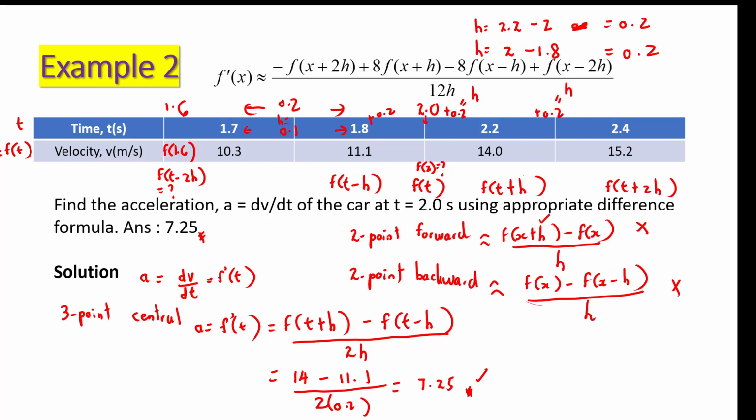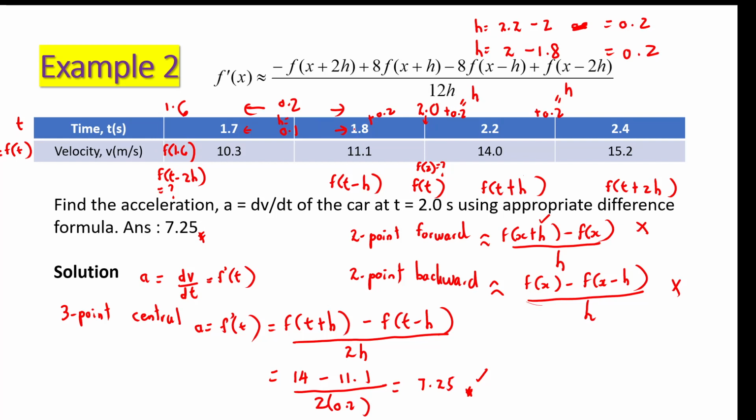And you cannot calculate using 2-point forward and backward, or 3-point forward and backward, because you don't have the data f(t) when t equals 2. So 2-point and 3-point forward and backward cannot be used. The 5-point cannot be used because you don't have f(1.6).